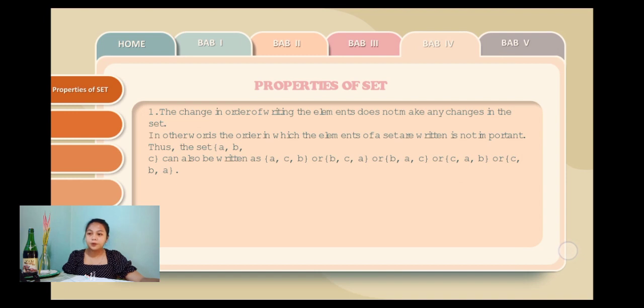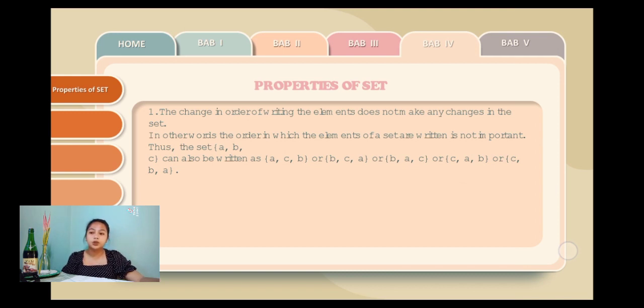The first property is the change in order of writing elements does not make any changes in a set. So, walang changes kapag sinulat mo kahit anong sunod-sunod nung element sa loob ng isang set. Kahit magkarambol-rambulan sila ay walang magiging changes.